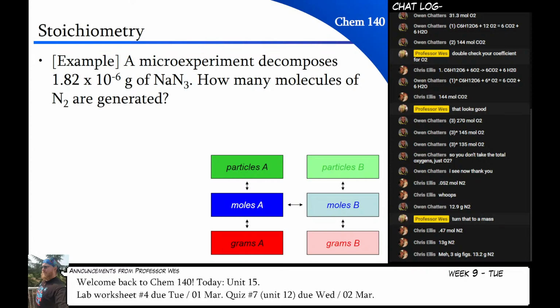Since you probably don't have the reaction memorized, I'm going to rewrite it on the board here. So 2 NaN3 makes 2 sodium and 3 nitrogen. All right, so go ahead and try this problem. You're starting with a mass, but remember this time I want you to tell me how many particles are generated.